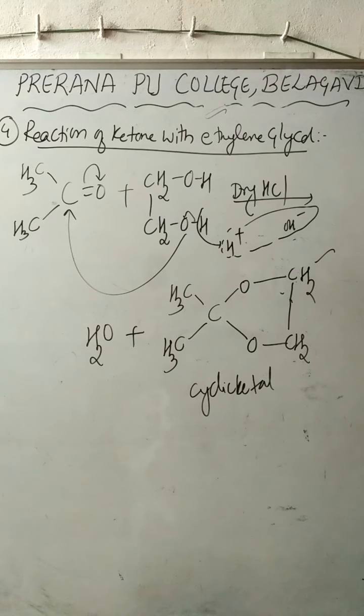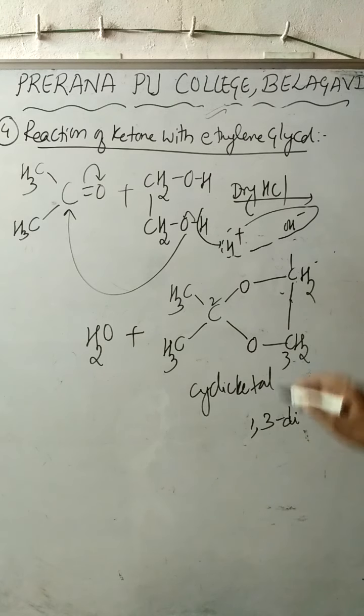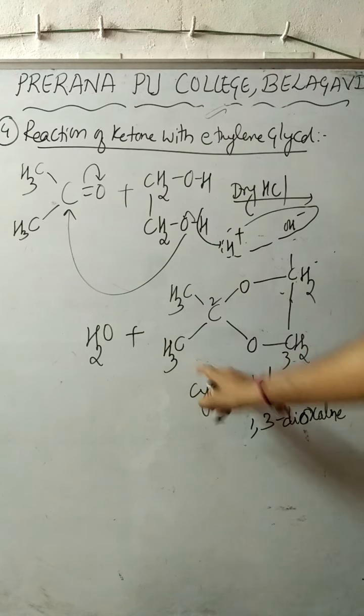So this cyclic ketal is given by a particular name. So when I number the carbon atoms, these are the 3 carbon atoms which are present, and there is an oxygen bond in between the first carbon as well as the third carbon. So since there is an oxygen bond between the first carbon and the third carbon, it is called as 1,3 dioxolane. And this oxygen is in link with what? Second carbon, and this second carbon is bound to 2 methyl groups.